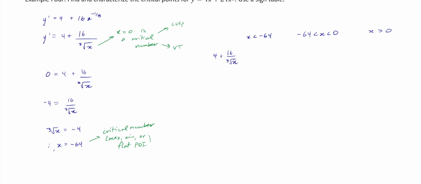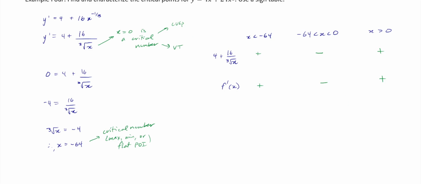If x is less than -64, that makes it positive, so my first derivative is positive. Between -64 and 0, this expression is negative, so my first derivative is negative. And for x greater than 0, it's positive, so my first derivative is positive.